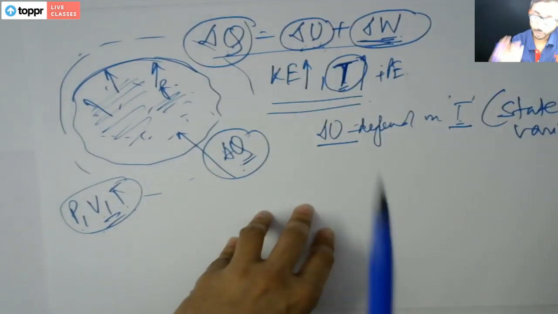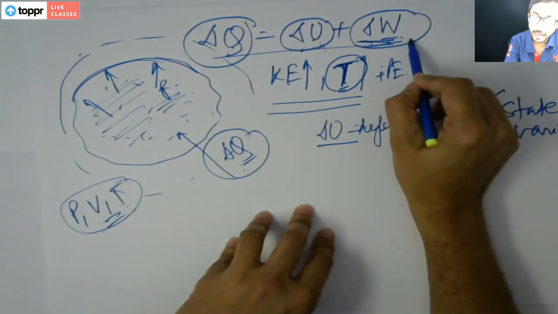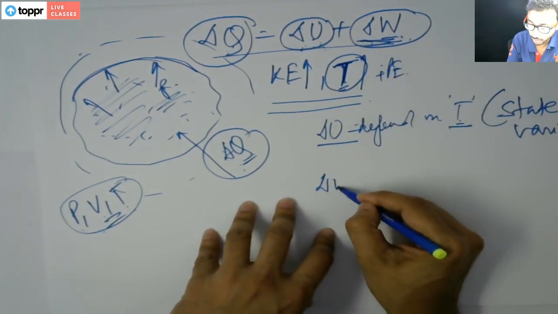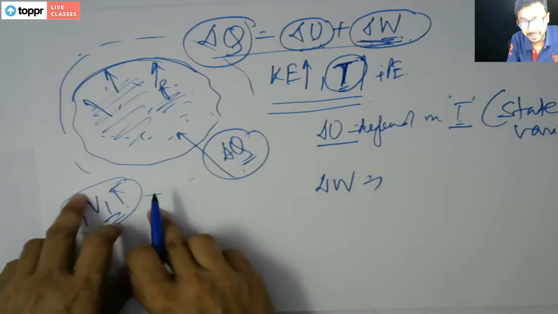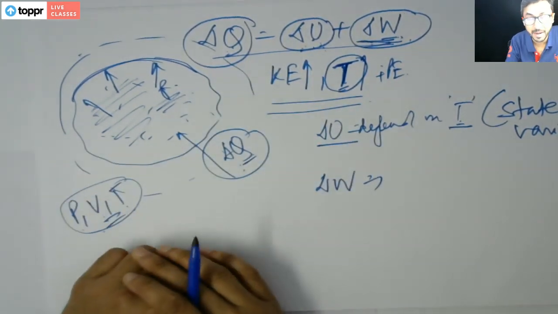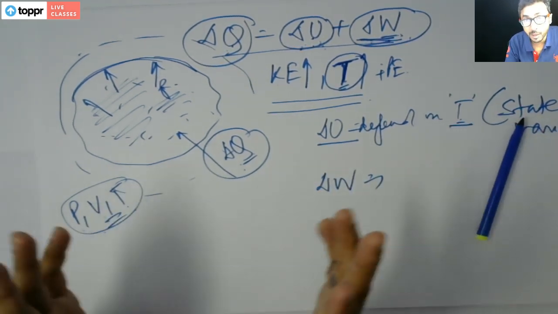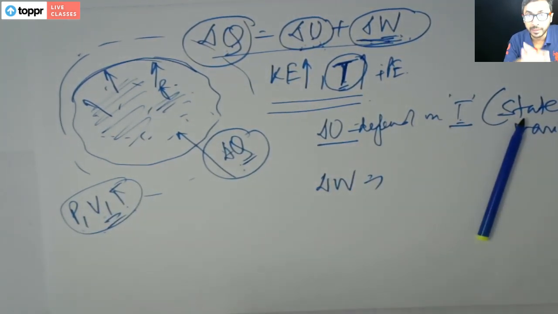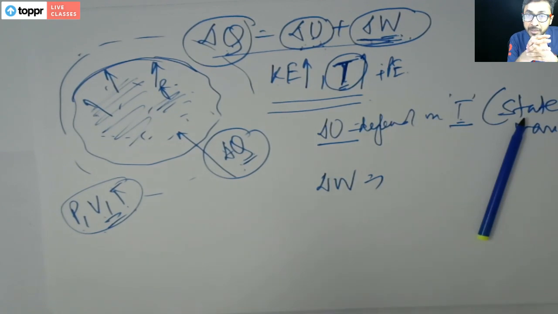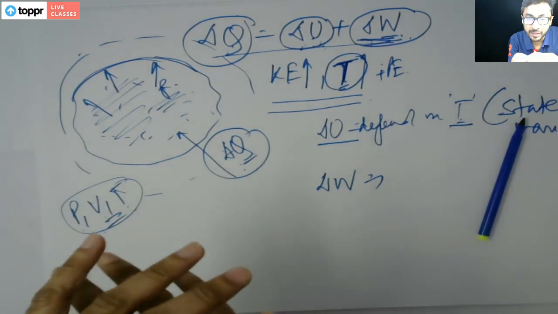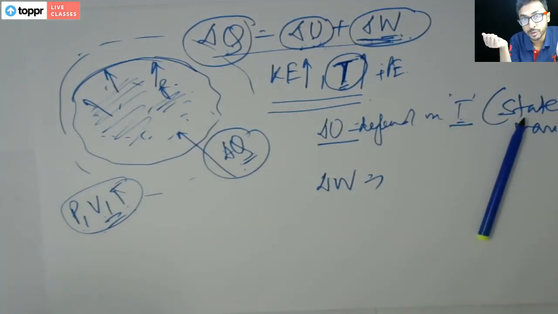But we will see work done depends on what path it is going, on what path this expansion is happening. What is the meaning of this? In solid and liquid the expansion is very limited, but in gas, if there is no boundary, it can expand freely also.